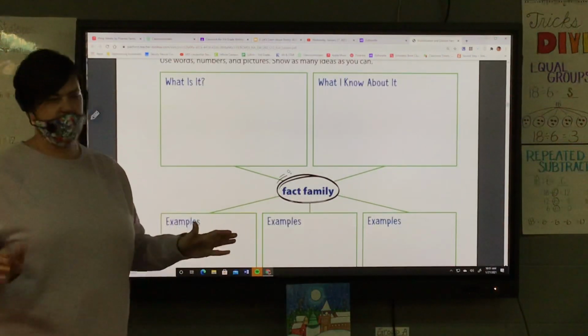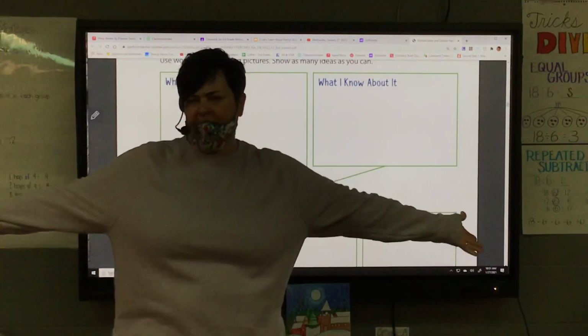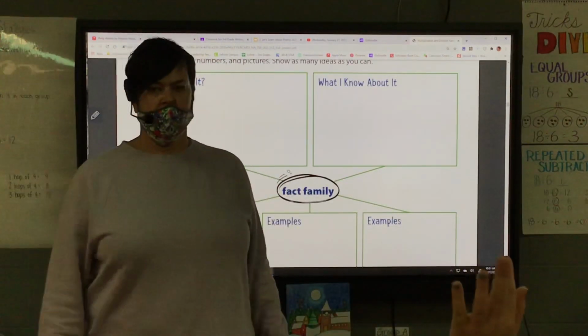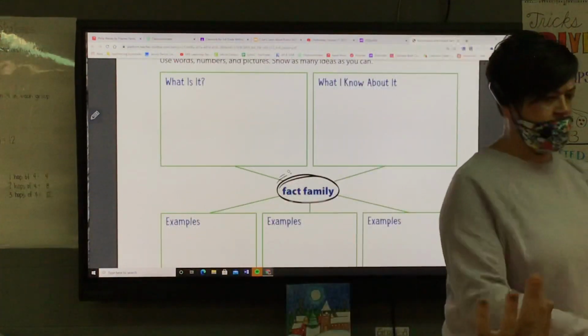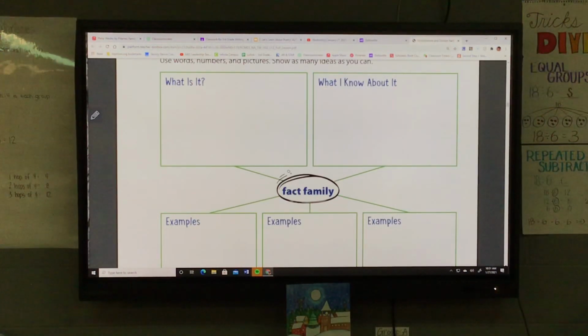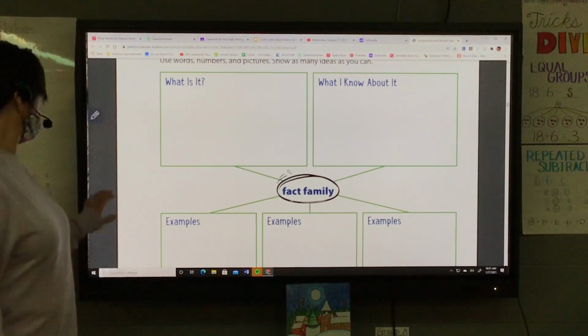Let's just talk about this. Fact families. What are they? Talk to each other. What are fact families? They have all the same numbers except they're switched in different orders, and some of them are turned into division.